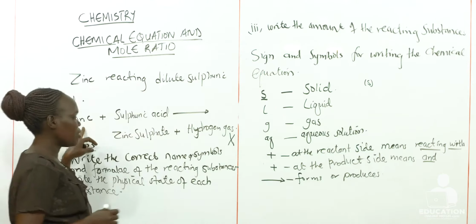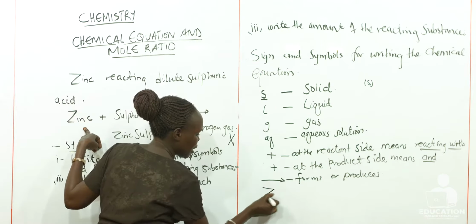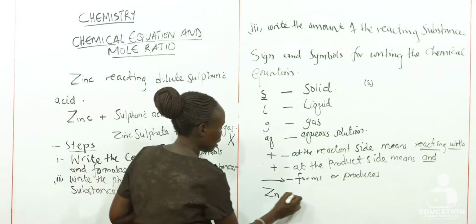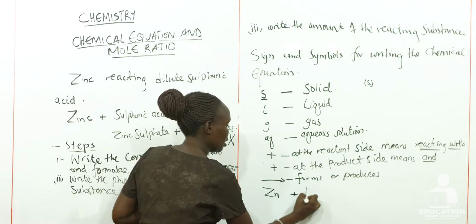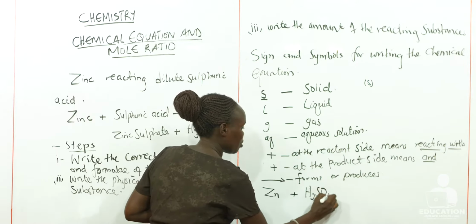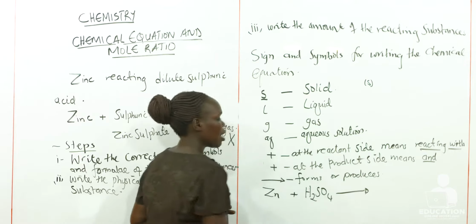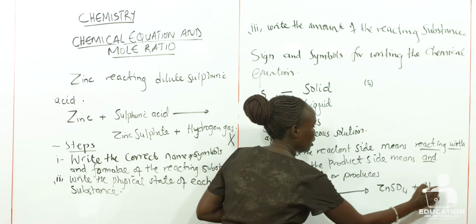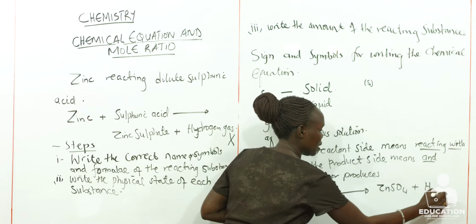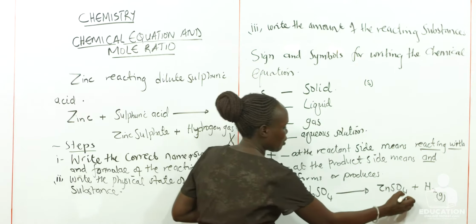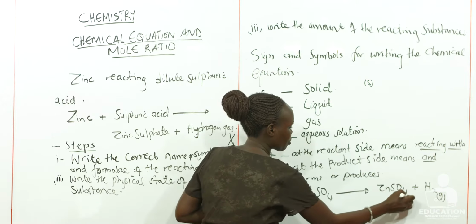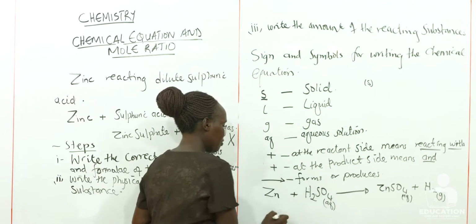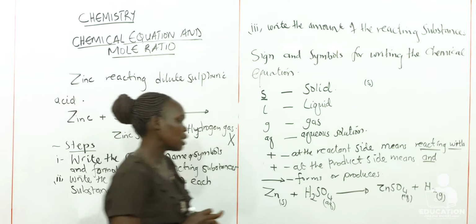In this case, zinc is represented by Zn, plus sulfuric acid, and then we have the products, which are zinc sulfate plus hydrogen gas. We represent gas by G, zinc sulfate is represented as an aqueous solution, sulfuric acid is aqueous, and zinc is solid.